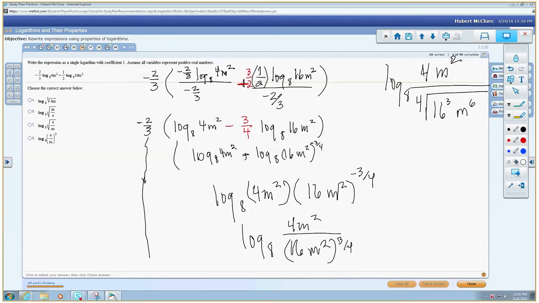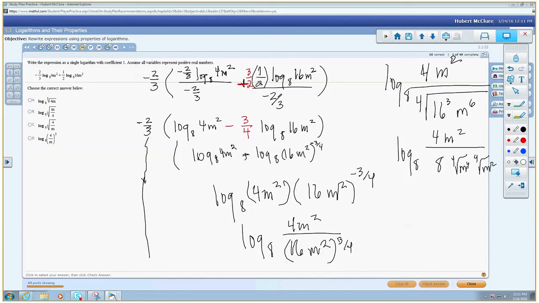We're going to get that to cancel out over here eventually. So that's going to be the fourth root of this. Let me see what that comes out to be. Log base 8 of 4m squared over 8. And then the fourth root, 4 will not go into 6. So I'm going to have to change that into the fourth root of m to the fourth times the fourth root of m squared.